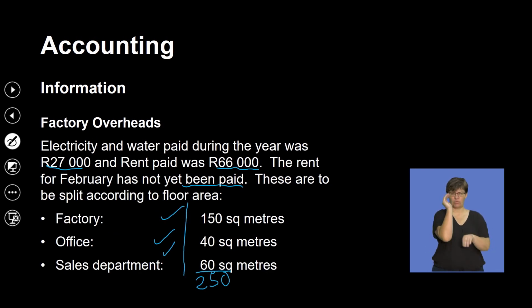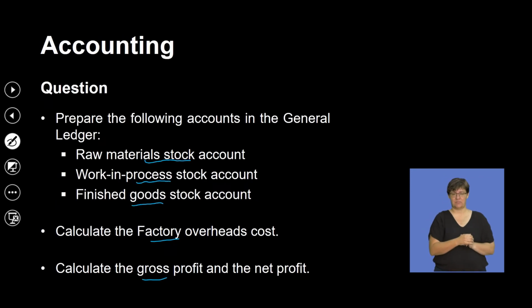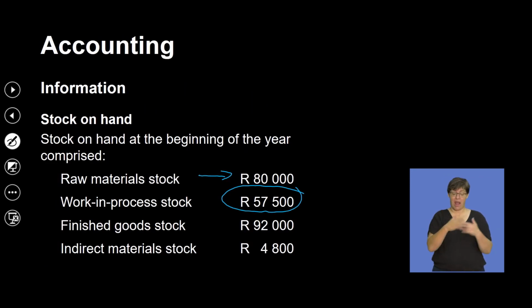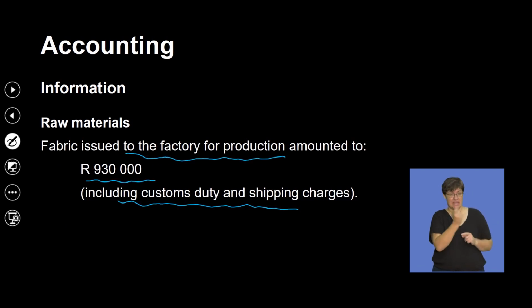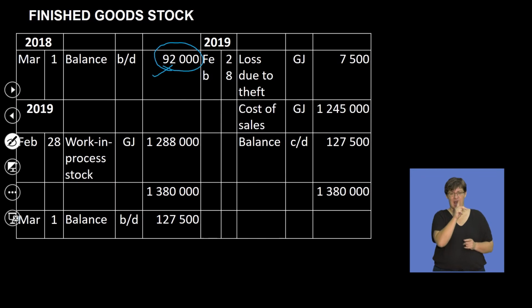We know that we have indirect labor. Again, let's just identify that information so that we know when we actually come to it, you'll be able to see it. Remember where we did the direct labor, there was also information about the indirect labor.